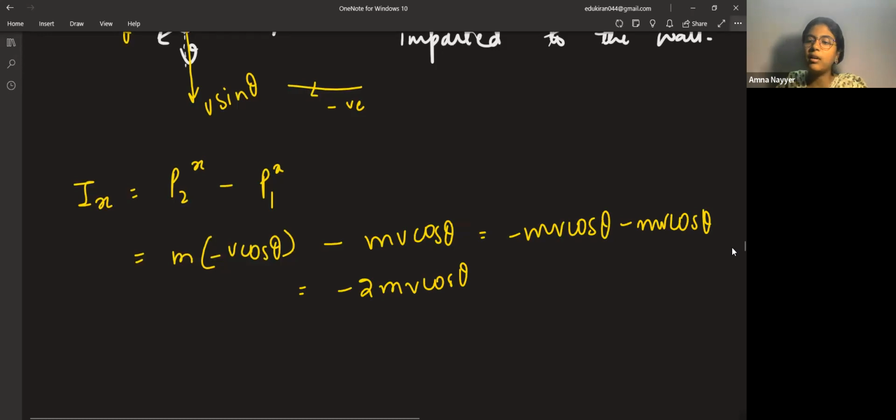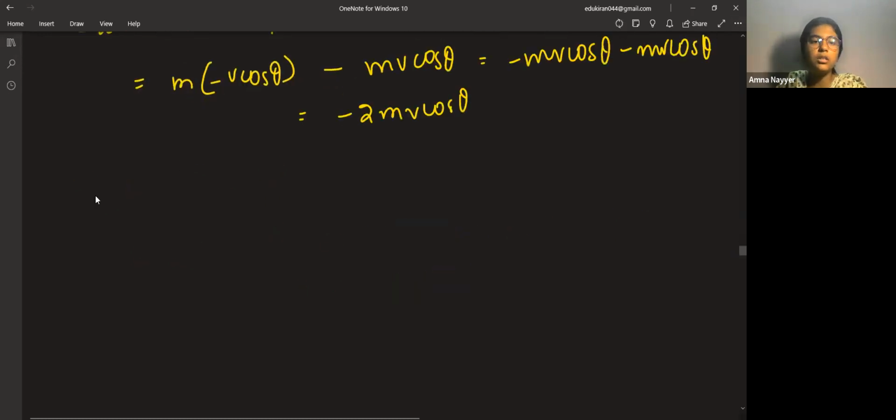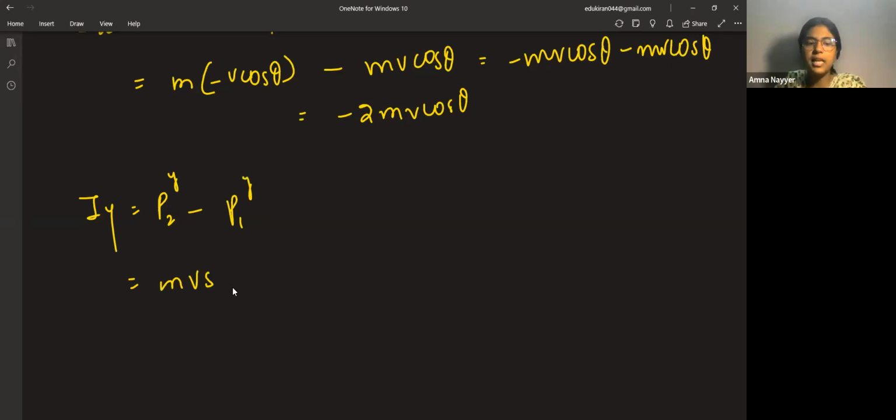Now we have to find out the change along the y-axis. Impulse, final minus initial, but this time we'll be considering it as y. So both are sine theta, MV sine theta minus MV sine theta, because both are positive. So they will cancel each other.